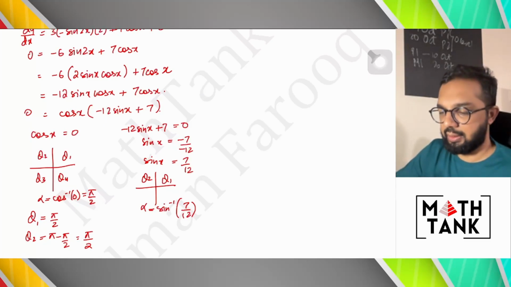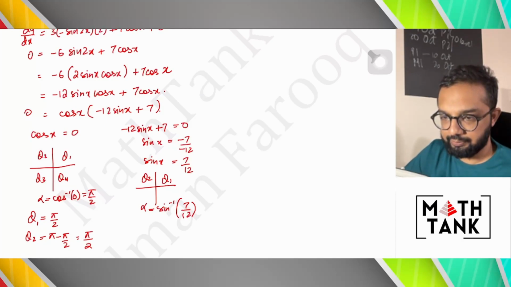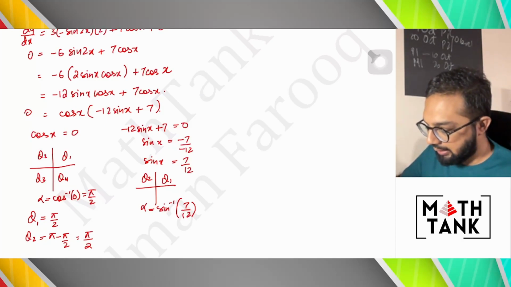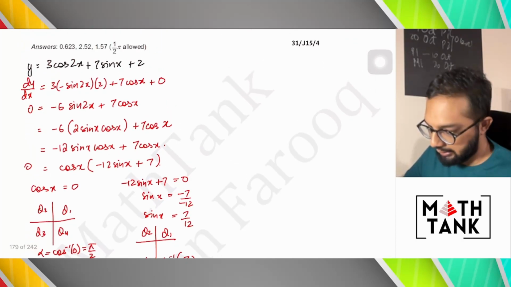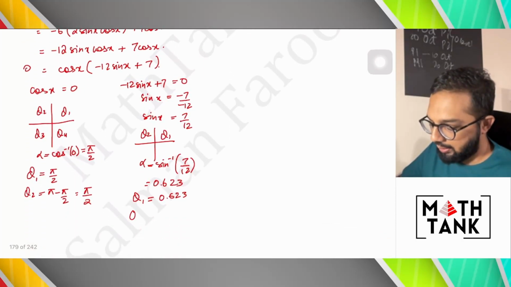And what do I get? My calculator is in radians, just making sure of that. I get 0.623. So quadrant 1 becomes 0.623. Is that the right answer? Yes. And quadrant 2 is pi minus 0.623.